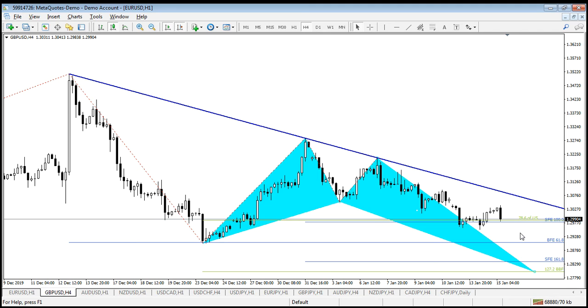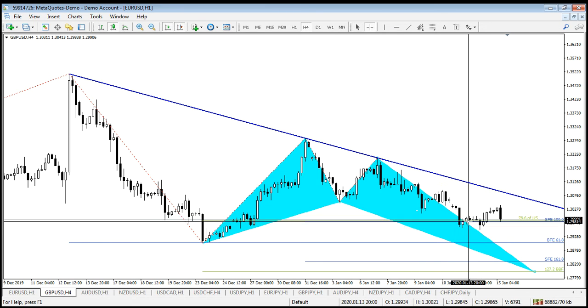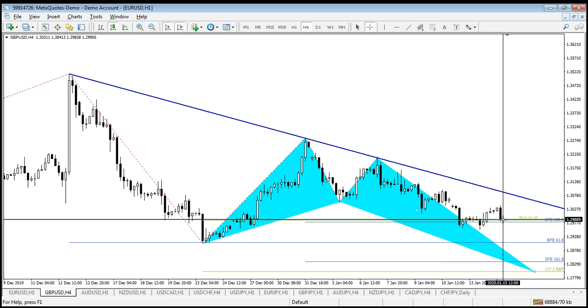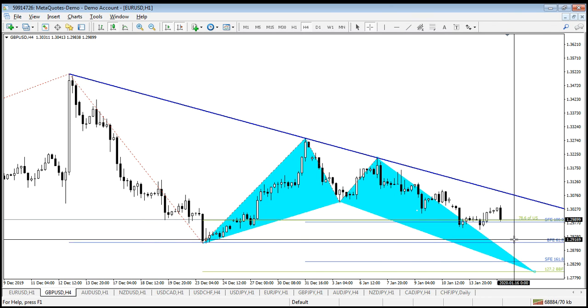So we'll have to just exit the position at the nearest support, and then wait for some retracement and see if price continues to fall. Then we will enter sell again, just like I did last time. I exited at this 100% price level, and then I entered again on the short side, and now my target is here.